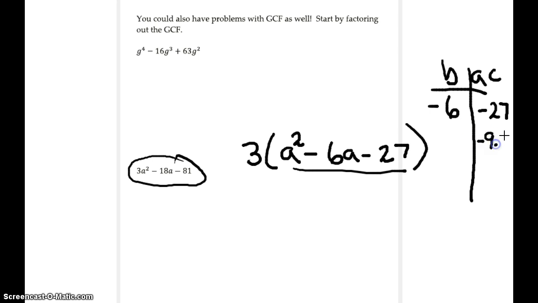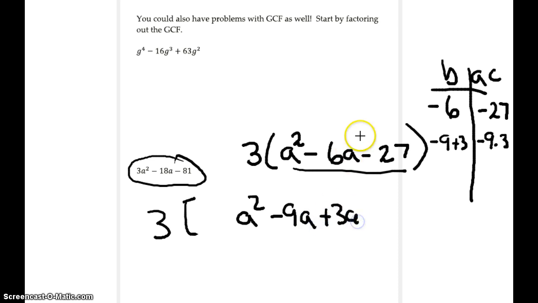And so I start to run through my factors. And I discover that negative 9 times positive 3 gives me negative 27, and negative 9 plus 3 also adds to negative 6. So I now know that this comes from, and I just keep this 3 on the outside, a squared minus 9a plus 3a. That's where this b component came from, minus 27.